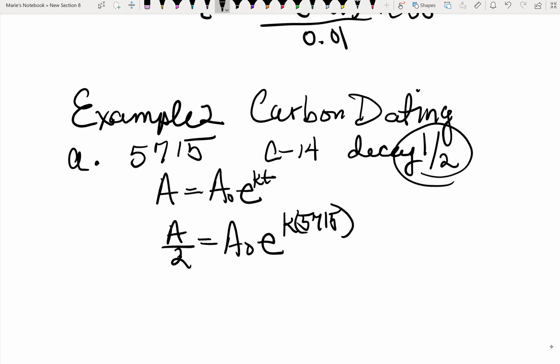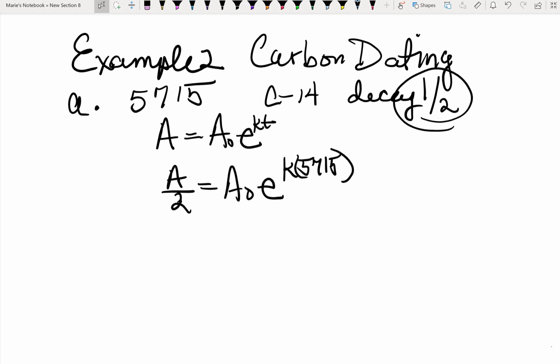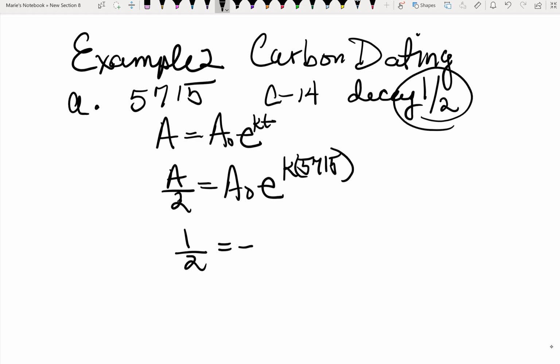Given that we have A on both sides, we can divide both sides by A sub 0, and we end up with 1/2 is equal to e raised to the 5,715k. We're obviously solving for k.